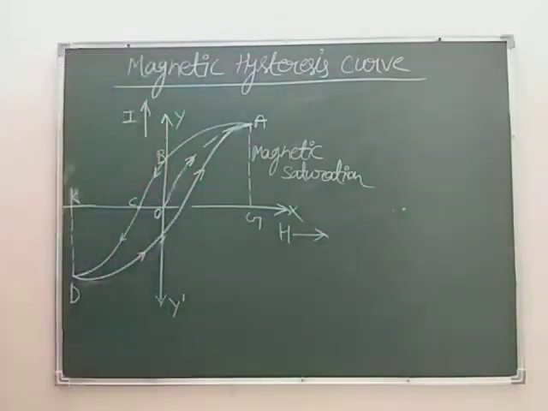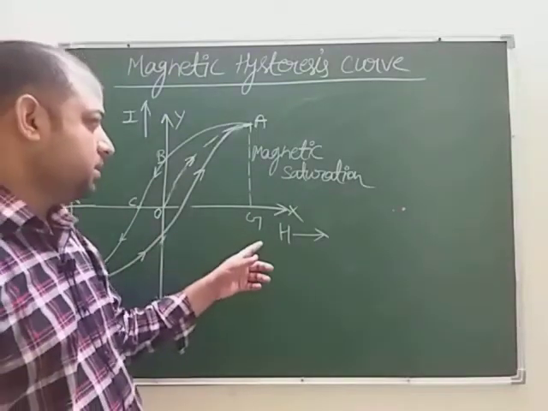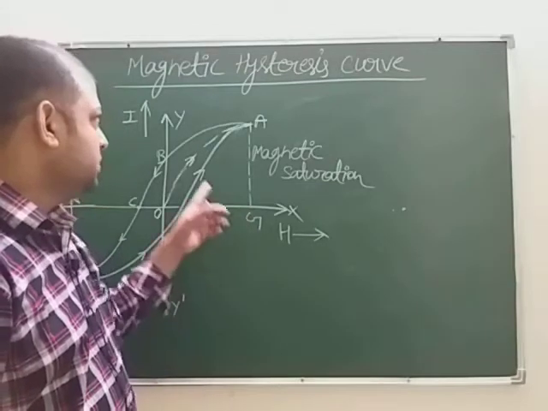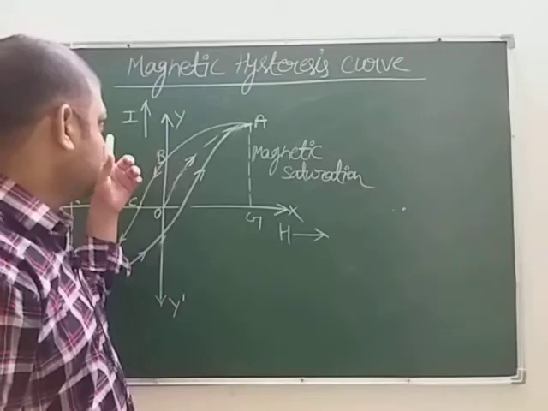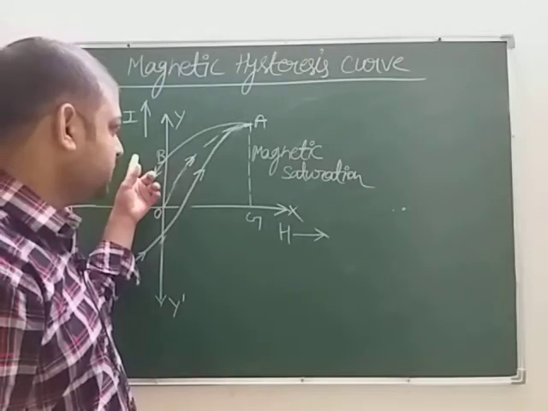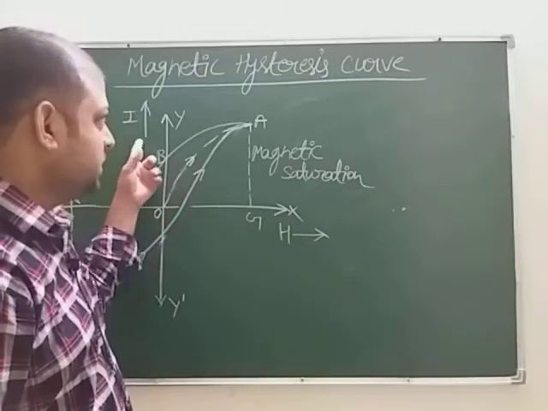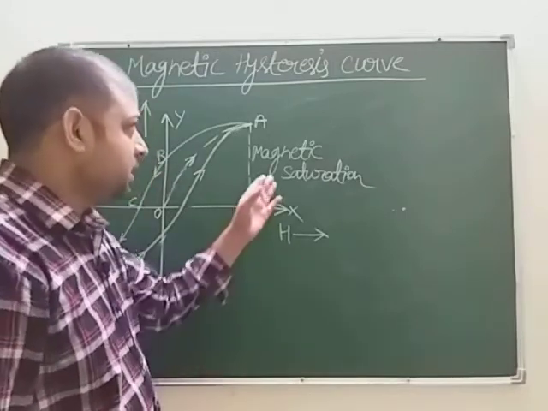If we increase the magnetizing field after some value, then the intensity of magnetization will not increase, it will become constant. We can further increase H, but I will not increase. That value is called magnetic saturation. Write down.